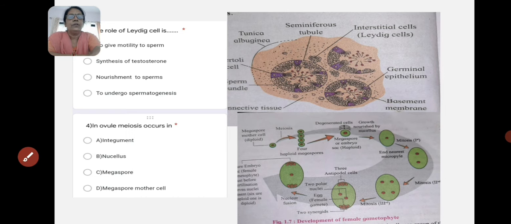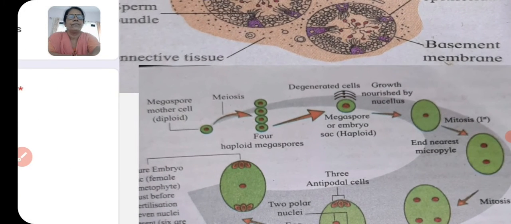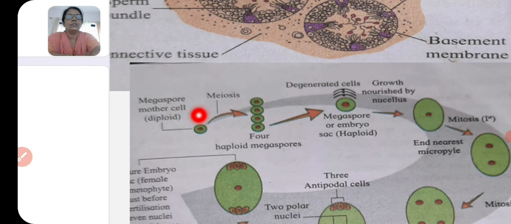In ovule, meiosis occurs in, look at here, the megaspore mother cell, and here the meiosis occurs to produce the haploid megaspore. So in ovule, in which part does meiosis occur? In the megaspore mother cell.